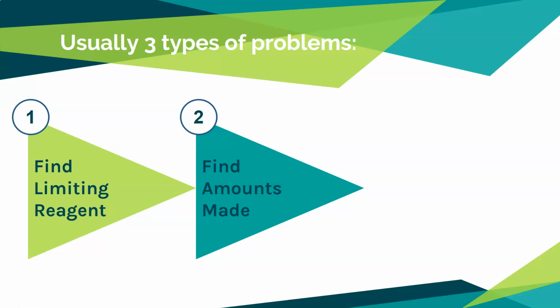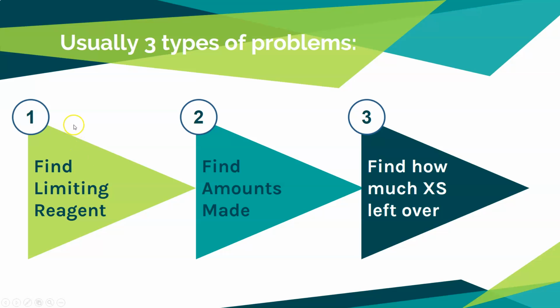And then the last type of problem is once you found the limiting reagent, once you found out how much you made, now how much excess reagent do you have left over? You can't do problem type number 3 if you haven't done the first and second portions first.